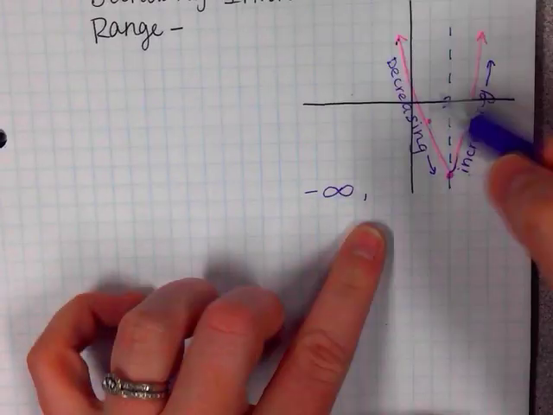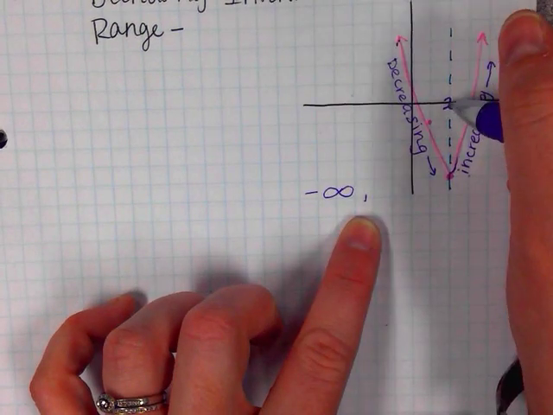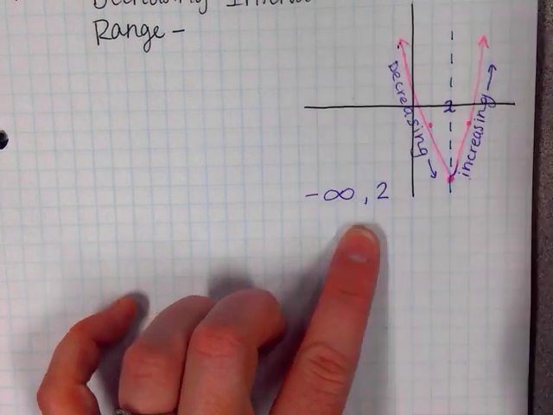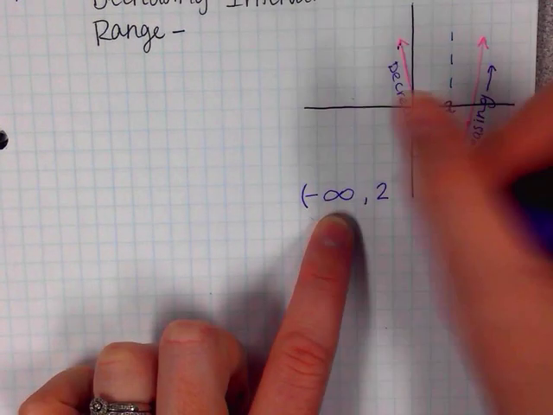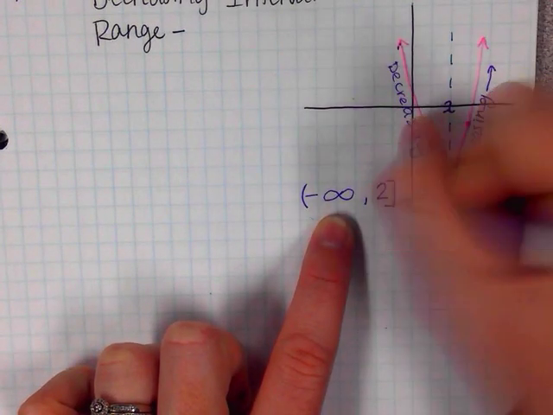So it decreases from negative infinity to 2. Remember, when we're talking about intervals, you have to do a parenthesis at negative infinity and then a bracket at 2.